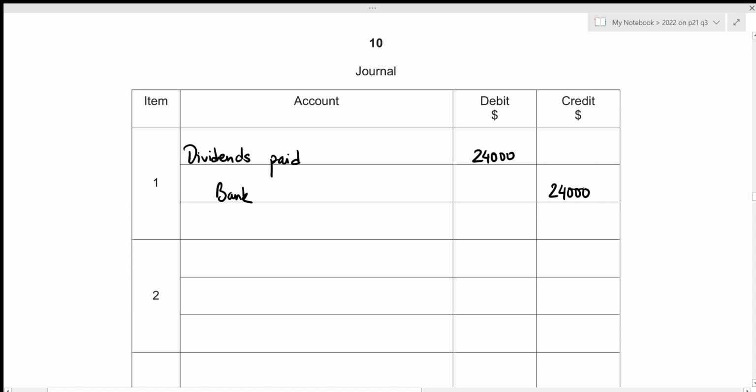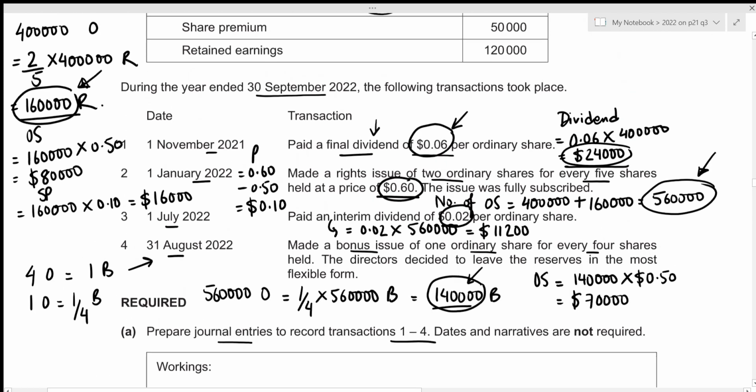Let's move towards our second transaction. We made a rights issue of 2 ordinary shares for every 5 shares held at a price of 0.60. And while making any sort of issue of new ordinary shares, our capital increases, right? And we can see that in our capital or equity, our ordinary share is being increased by 80,000 and our share premium is being increased by 16,000.